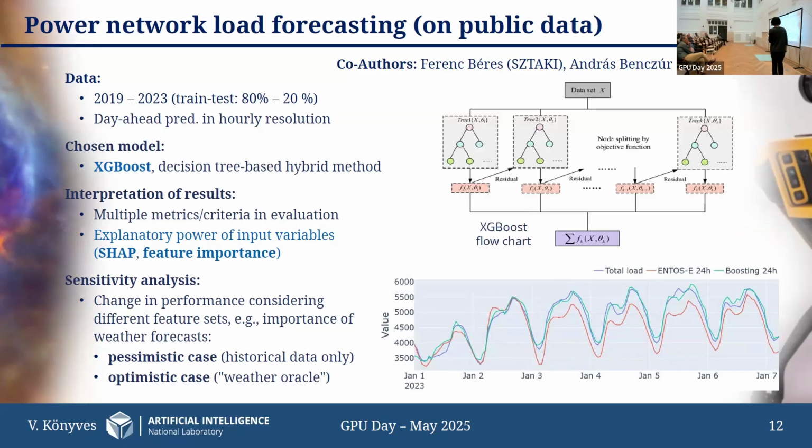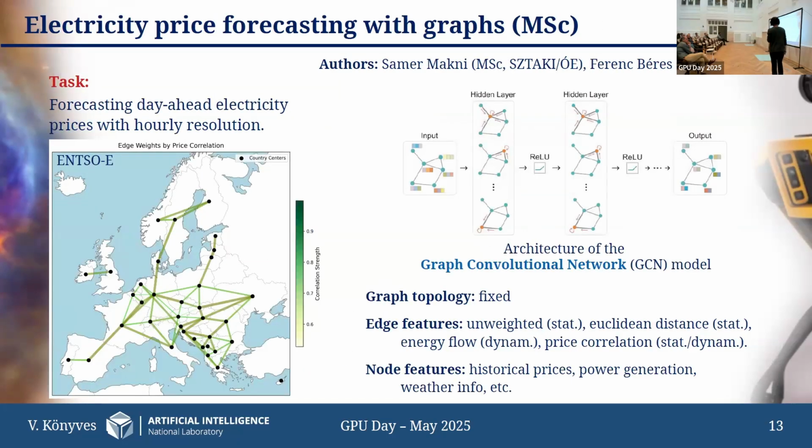So I think that's it on this. This is now just a little place for advertising. Sam, our colleague, submitted his MSc thesis last week, in which he was using graph neural networks to predict the electricity price in many European countries. You can consider the power network as a graph throughout Europe.